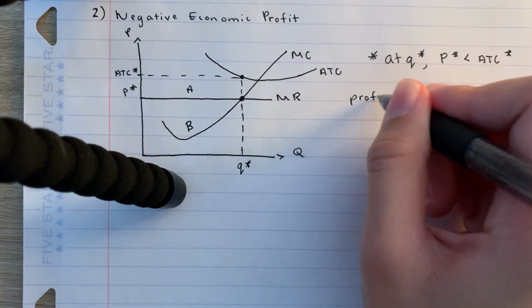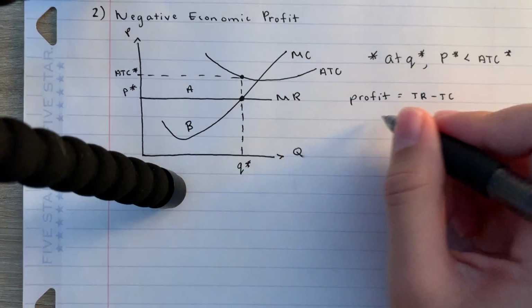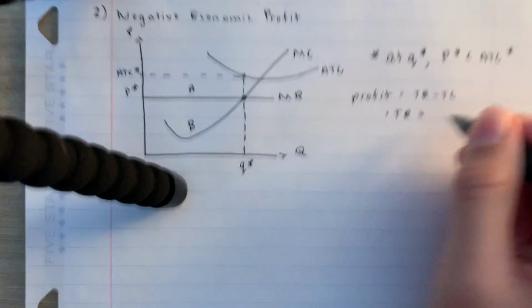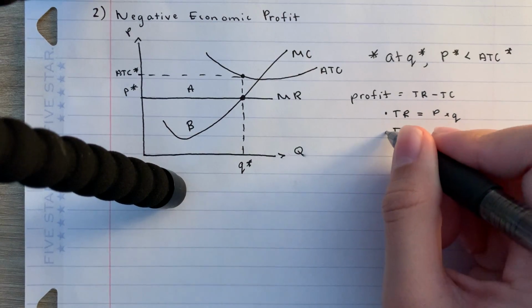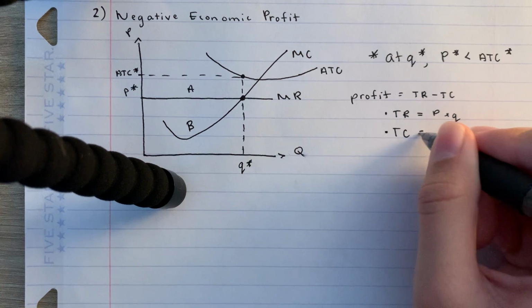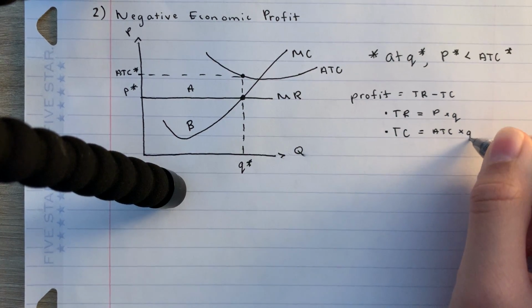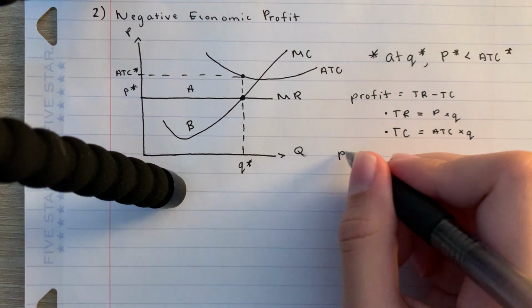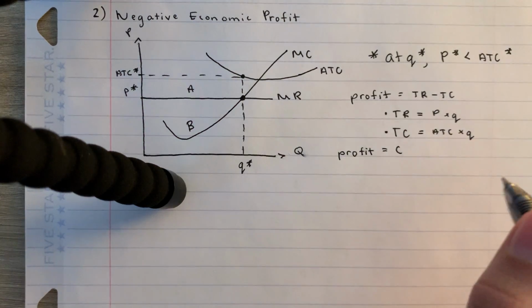So you can do the same thing: profit is total revenue minus total cost, where total revenue is equal to P times Q. Again, the stars on those, I'm just for simplicity leaving those out. TC is equal to ATC times Q. And then this helps us calculate our profit. So our profit, what's our total revenue?